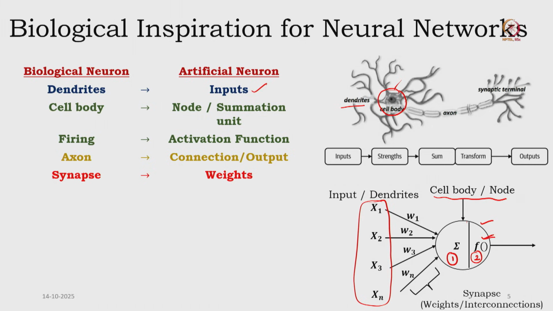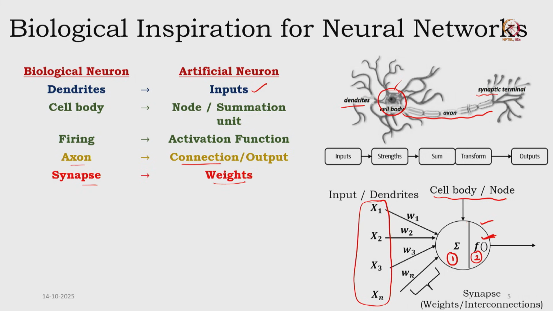That concept is mimicked by an activation function here. And the most important is the axon. At the terminal of this axon, we have a synaptic terminal or synapse. So, the axon we call a connection, and the synapse we call the weights.